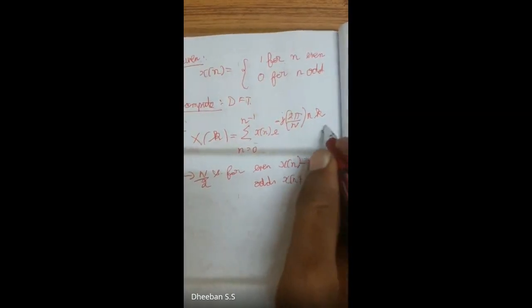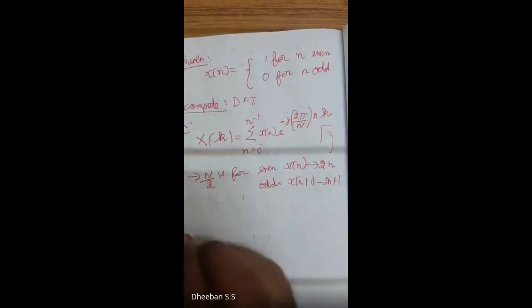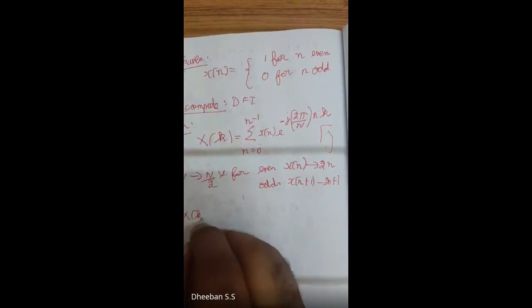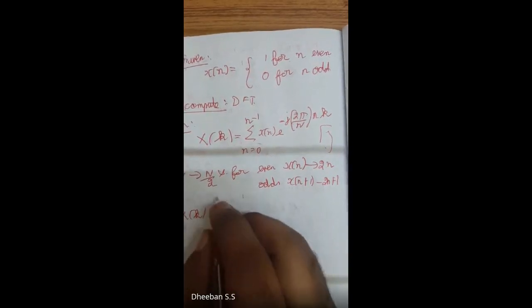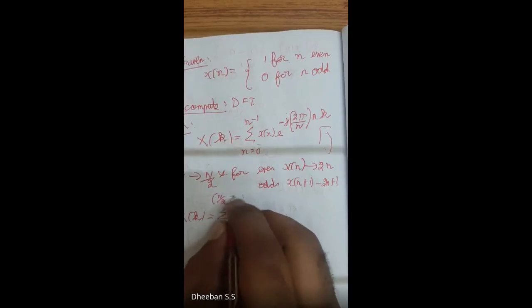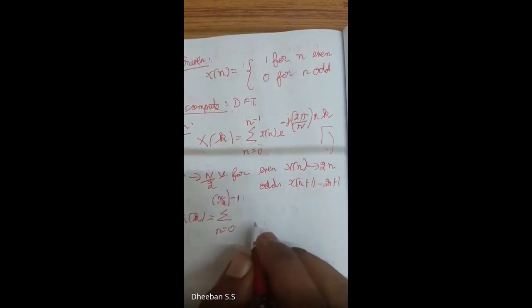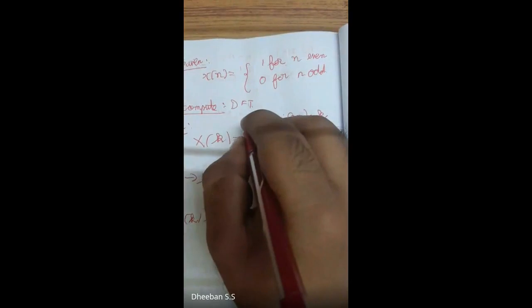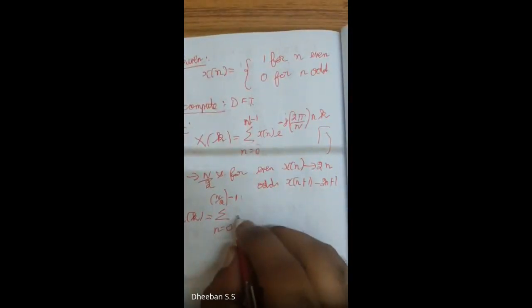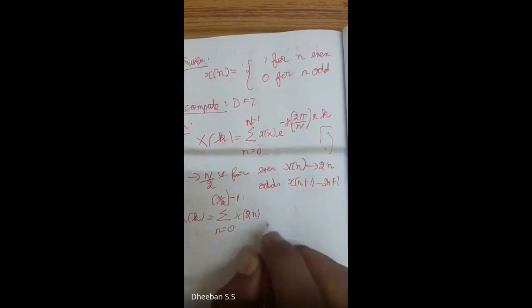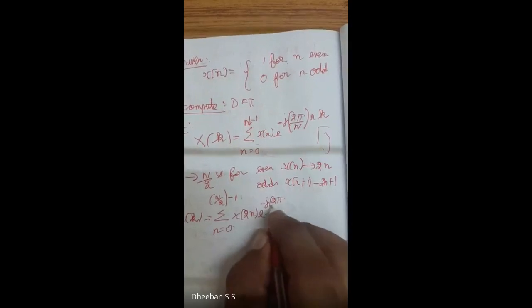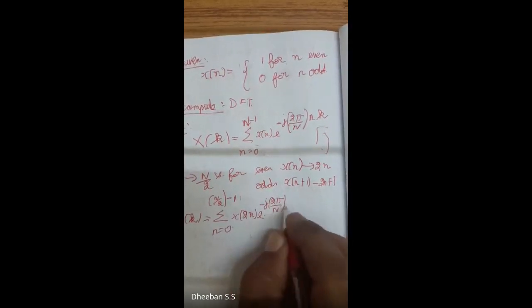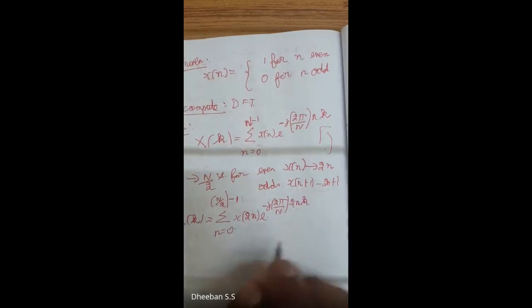Okay, now substitute this over here, we'll be getting x of k equal to summation n equal to 0 to n by 2 minus 1. Okay, here it is capital N, x of 2n e power minus j 2 pi by n. Here another n by 2 will be coming, this 2 will be carried over to here, 2n k. This is for an even function.